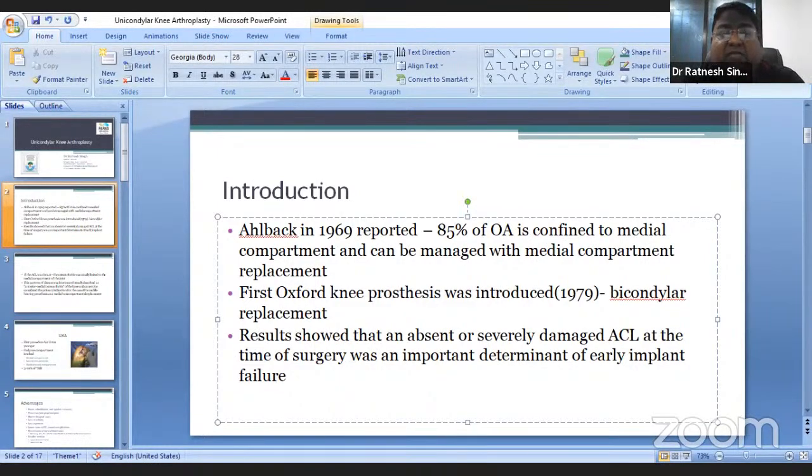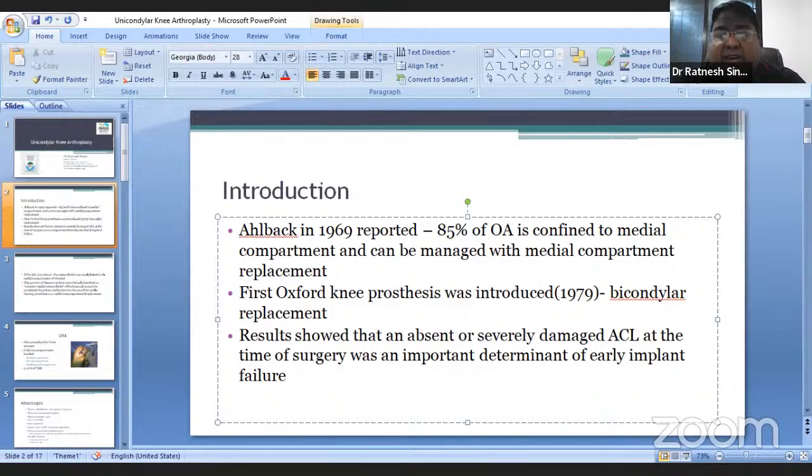And when there was no ACL, the osteoarthritis was more common in the bicondylar. This pattern of disease was later more formally described as anteromedial osteoarthritis of the knee, and came to be considered the primary indication for the use of mobile bearing prosthesis as the medial unicompartmental replacement.